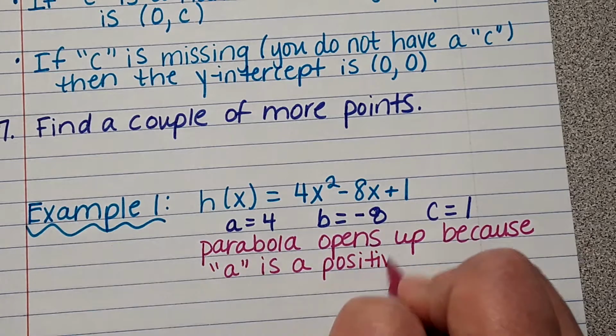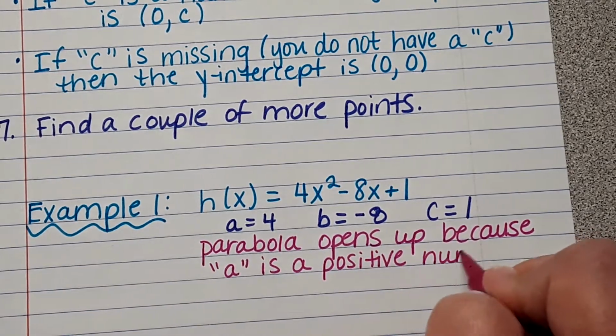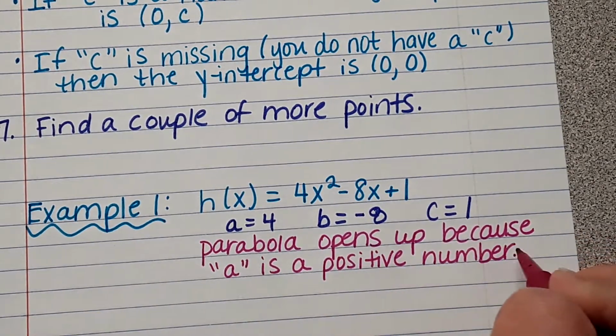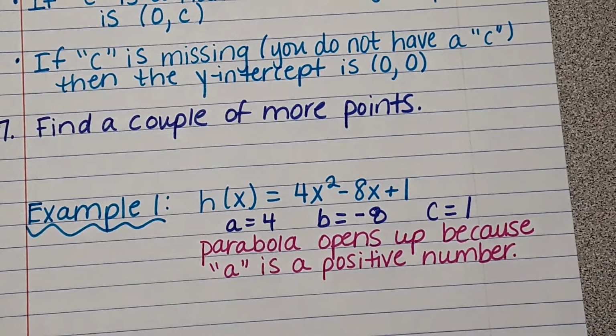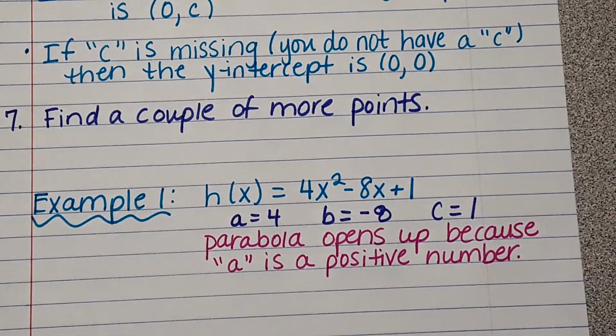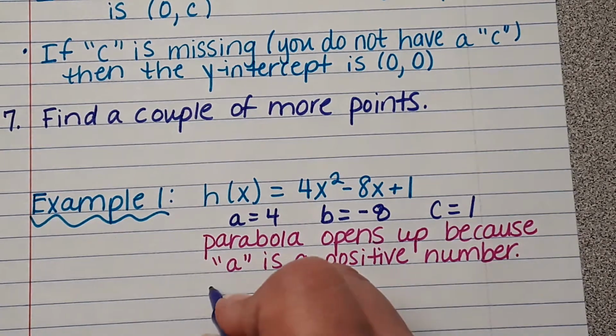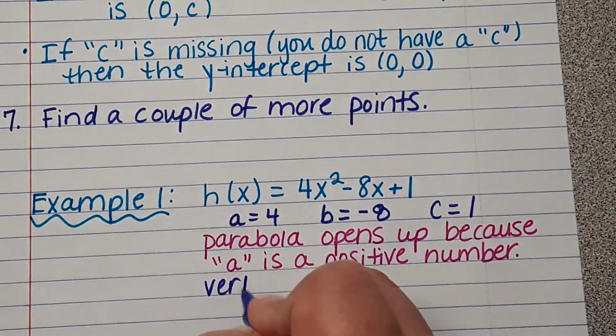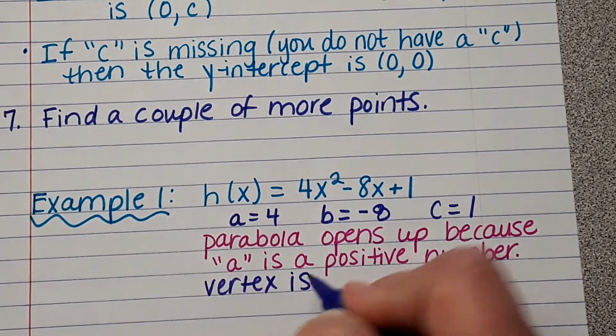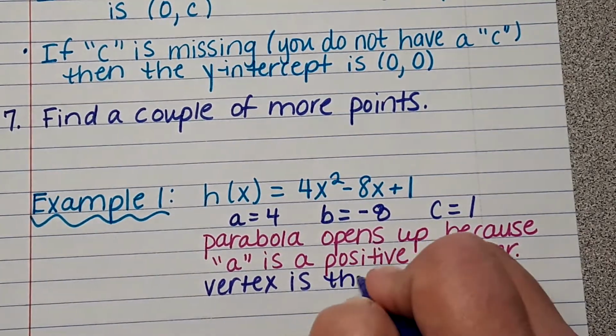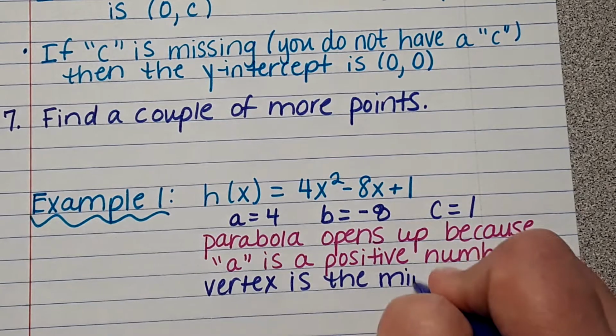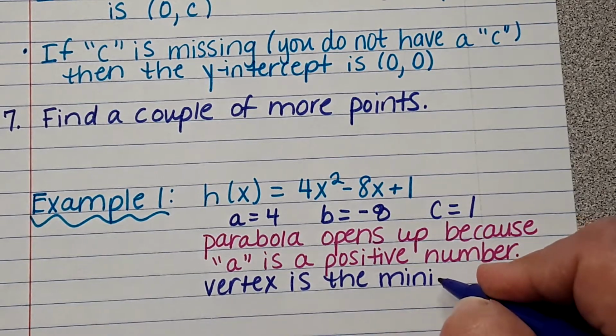And in this case, A is a positive 4. Then the next thing it says, step 3, is our vertex the maximum or the minimum value? The vertex is the minimum value because A is a positive number.